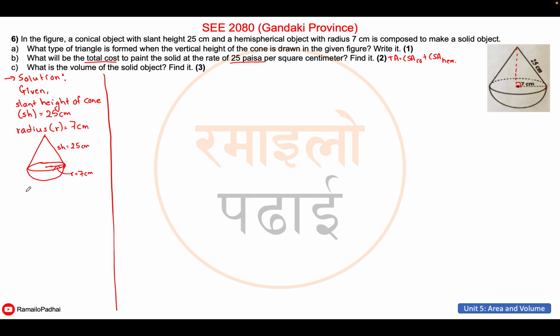Now moving on to A, what type of triangle is formed when the vertical height of the cone is drawn in the given figure? So we will write directly in language.